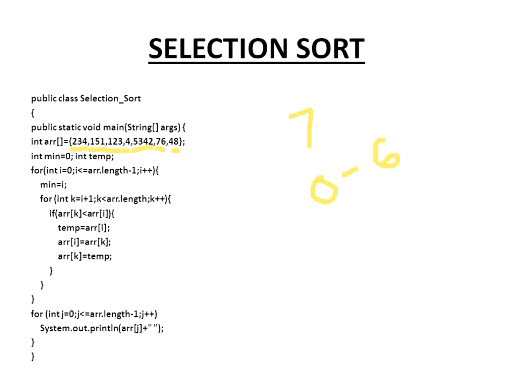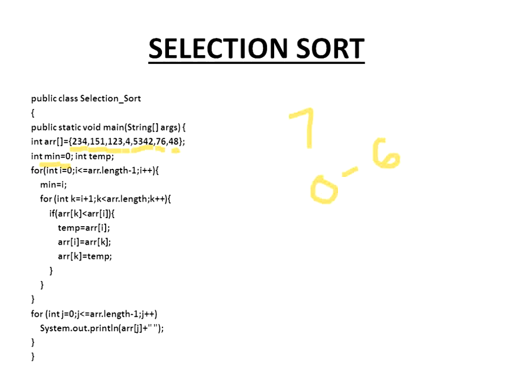So the index of the first data item 234 will be 0. Then for 151 it will be 1. For 123 it will be 2. For 4 it will be 3. Then 5342 will be 4. Then 76 will be 5 and 48 will be 6. So the index value will be from 0 to 6.